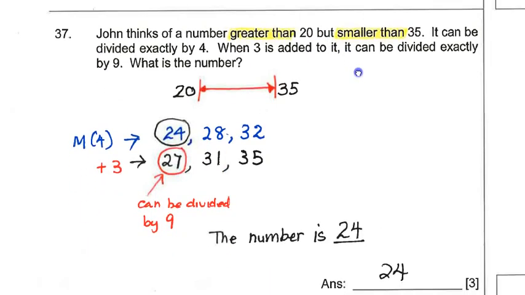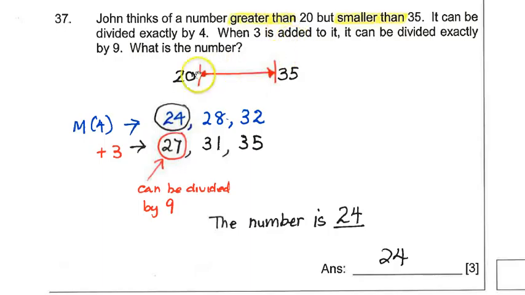Let's carry on. John thinks of a number greater than 20 but smaller than 35, and this number can be divided exactly by 4. That is why you need to list the multiples of 4. Now these numbers between 20 and 35 can be divided by 4. When 3 is added to the number, it can be divided exactly by 9.